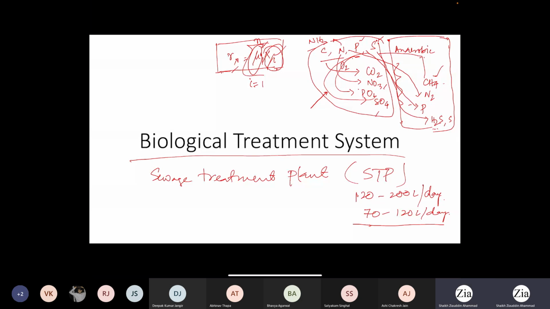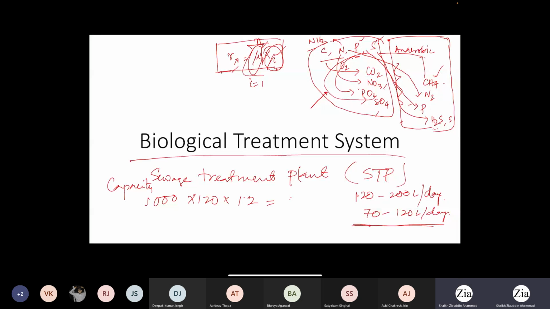So in the Indian context, even if you consider that one person is generating 120 liters of wastewater, and in a given locality you feel that 1,000 people are living, then you can easily calculate the treatment capacity. So for a small town or village having 1,000 population, if you need to develop a treatment system, then 1,000 multiplied by 120, and then you'll also keep some safety factor. Suppose you are using a 20% safety factor, then you will keep 20% extra capacity, and that will be the final capacity of your treatment plant.